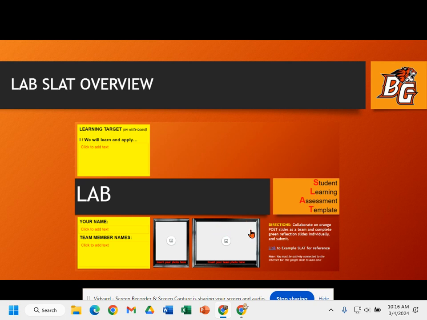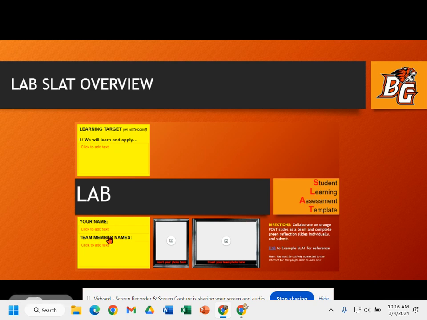So you'll see here on the cover page, there's directions here. It says collaborate on orange post slides as a team and complete the green reflection slides individually and submit. There's a link to a video of how to complete the SLAT, which gives you an overview. And then as well, this is the primary cover page. You'll notice that the learning target, which is on the whiteboard on each one of your stations, can be typed in here in the top left-hand portion of the screen.